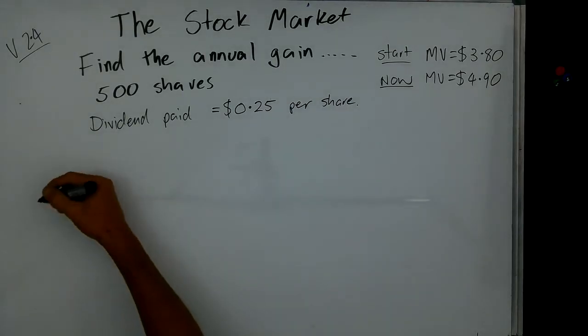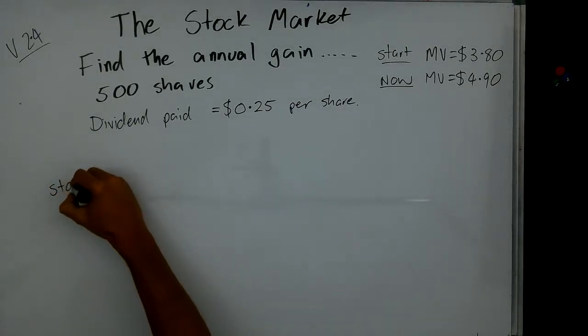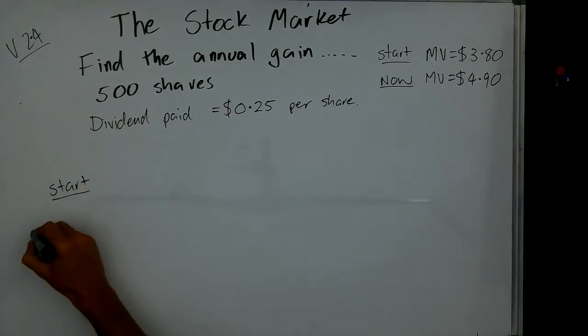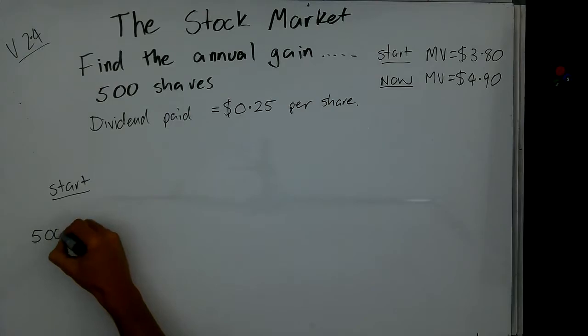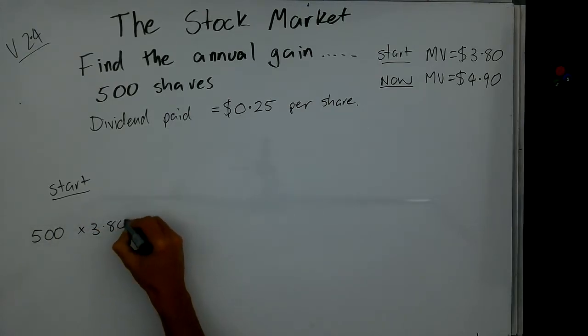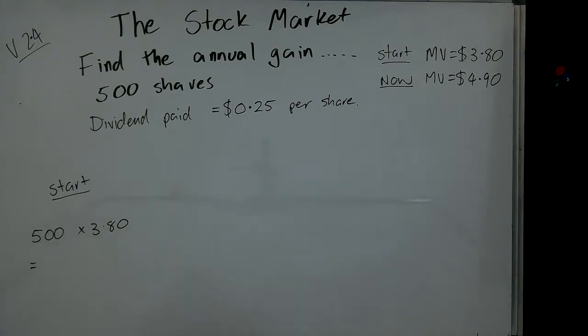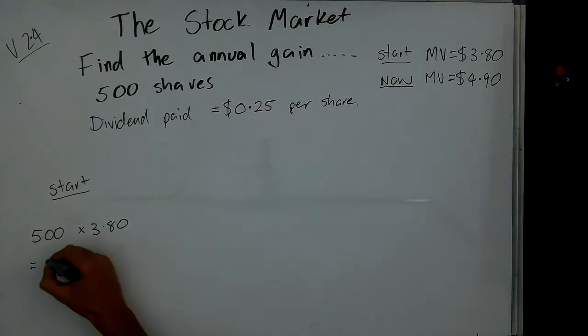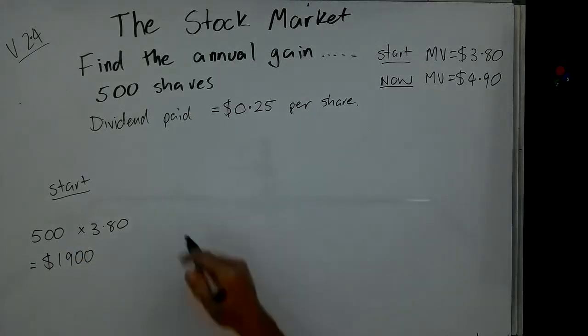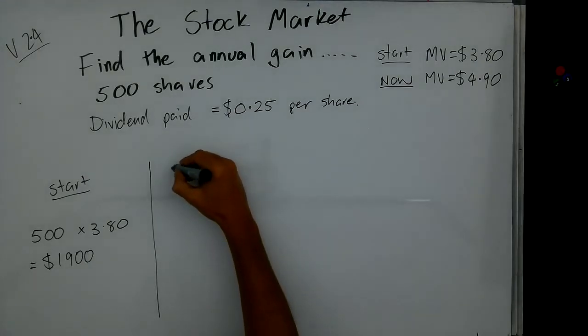So at the start, all we're doing is working out what 500 shares cost, $3.80 each. Equals $1,900. And then we go now.